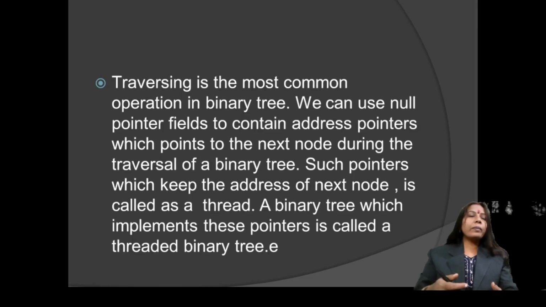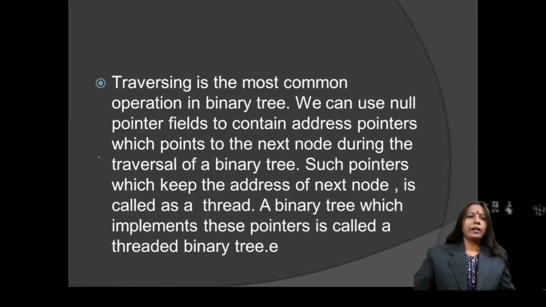So when I talk about a non-linear data structure like tree, definitely if I try to print any particular element, delete any particular element, or insert any particular element, in that case traversing is required. So traversing is the most common operation by which we can traverse from one node to another node according to our requirement.